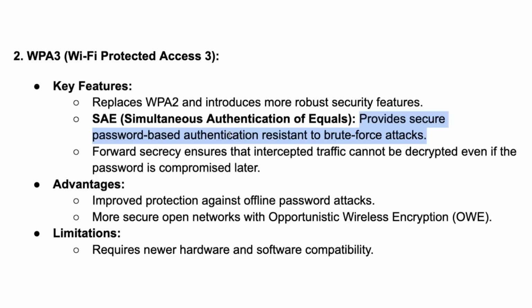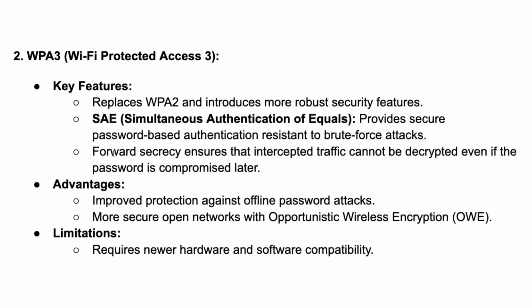So there's a few different ways that it could actually work, but the point is that it provides resistance to brute force attacks. And then there's forward secrecy, which ensures that intercepted traffic cannot be decrypted even if the password is compromised later.